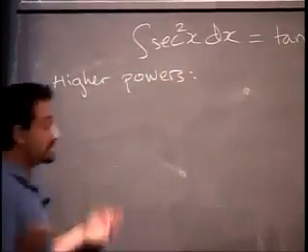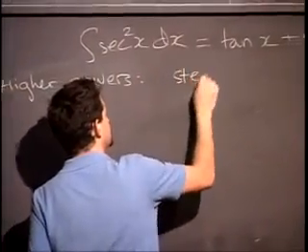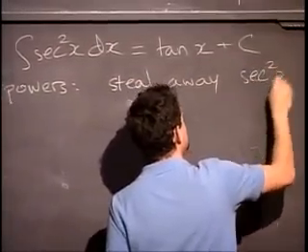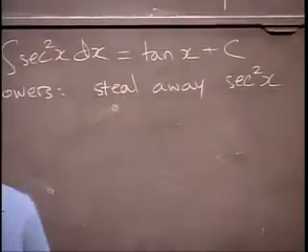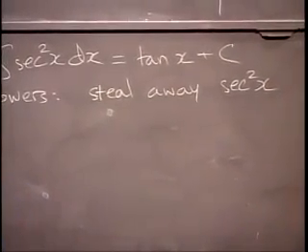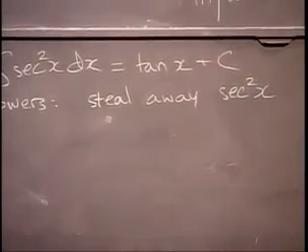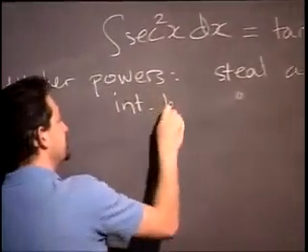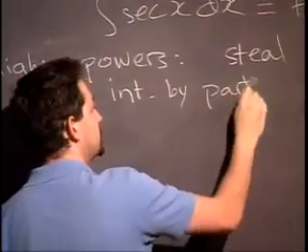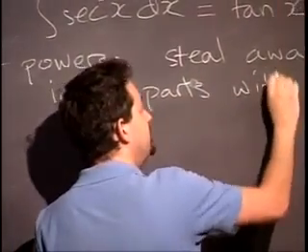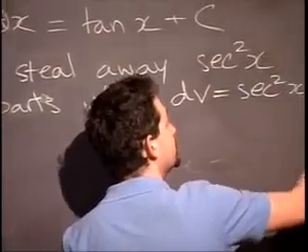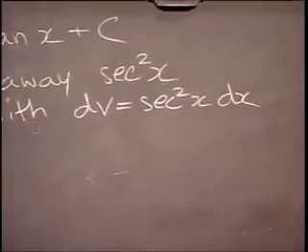Steal away secant squared. So far, so good. But you've got to resist the temptation to write it as tan squared x plus 1. Instead, you've got to integrate by parts with dv as secant squared x dx, and u as everything else.